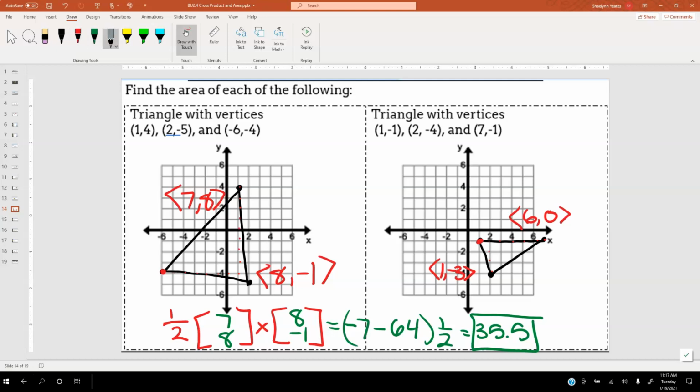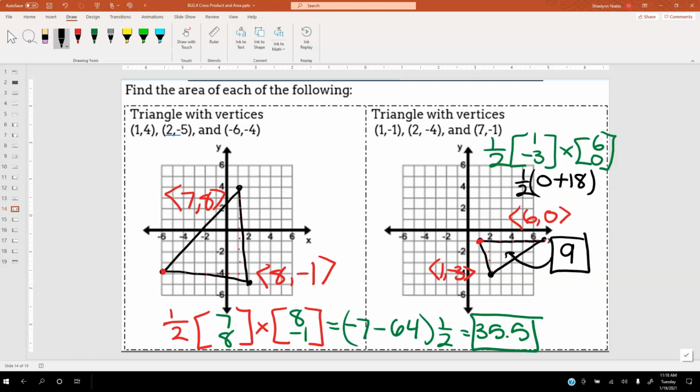So my matrices here, it's going to be 1/2 times my 1, negative 3 crossed with 6, 0. So I do my little fishy math, and I get 0 minus negative 18, and all of that times 1/2. So 1/2 times 18 is 9. So the area of that triangle is 9, okay?